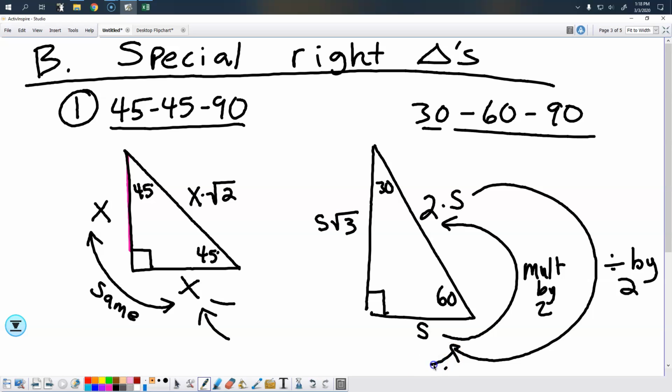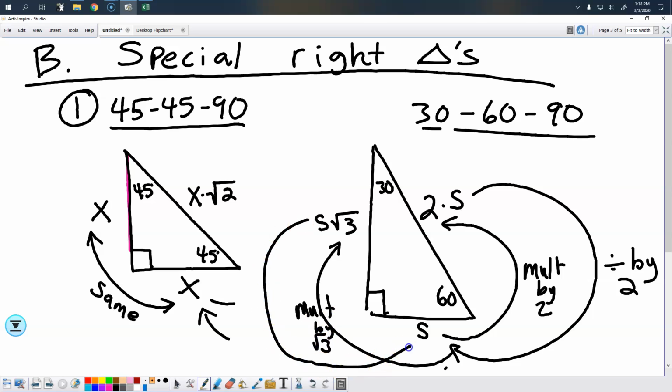So you multiply by the square root of 3, and of course if you're working backwards, you divide by the square root of 3. Okay? So that's a 30, 60, 90. We're going to do a couple of those, and that will be the end of our lesson on special right triangles and Pythagorean.